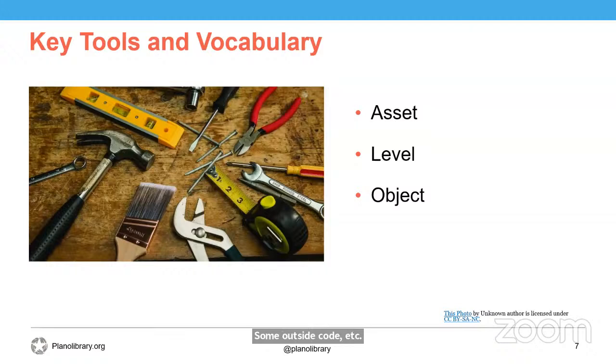Next is levels. This can also be referred to as maps sometimes. A level is a gameplay area that defines what a player can see and interact with. This includes environments, assets, other characters, geometry, pawns, actors, all together. Everything in the game is in the level.